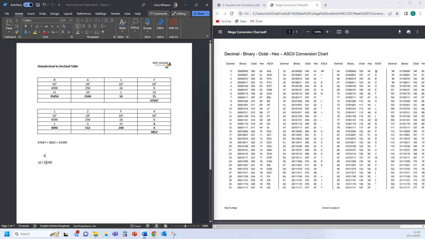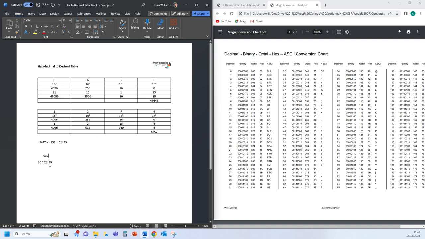So 16 into 52 goes 3. So it's 16, 32, 48. And that leaves you with a remainder of 4. So you'd put a remainder in here, so it's 4, and that makes it 44. So 16 into 44 goes 2, 16, 32, and it gives you a remainder of 12.